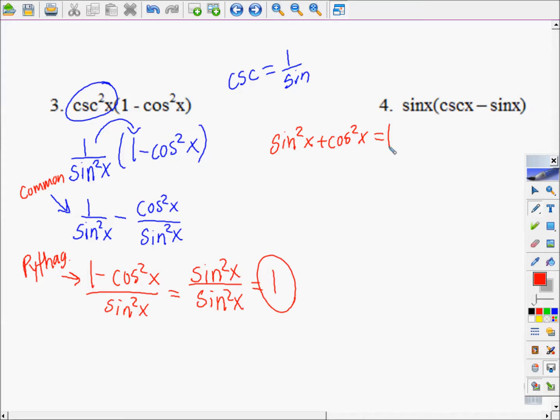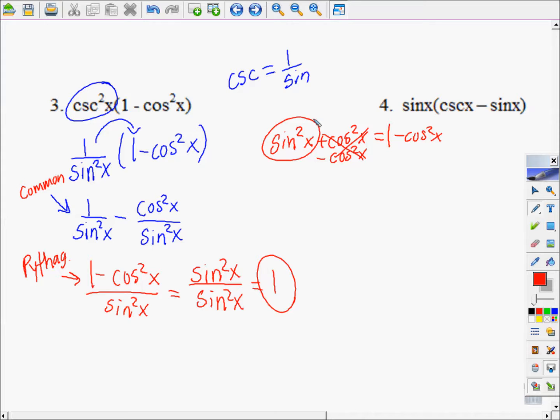Well, if I wanted to say 1 minus cosine squared x, that means I would have to subtract cosine squared x. And then what am I left with on this side? So that means that this is equivalent to sine squared x. And something divided by itself is 1. Doesn't matter what that something is, it's always going to be 1. And all I did was substitute that in so that I can find this value.